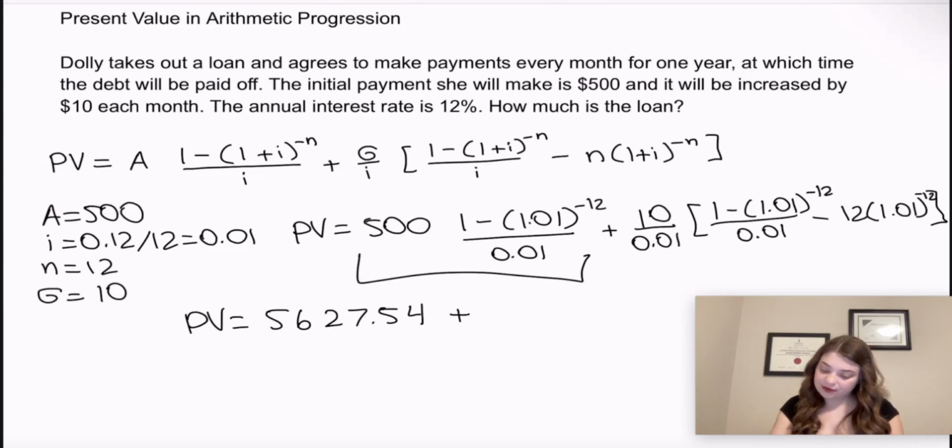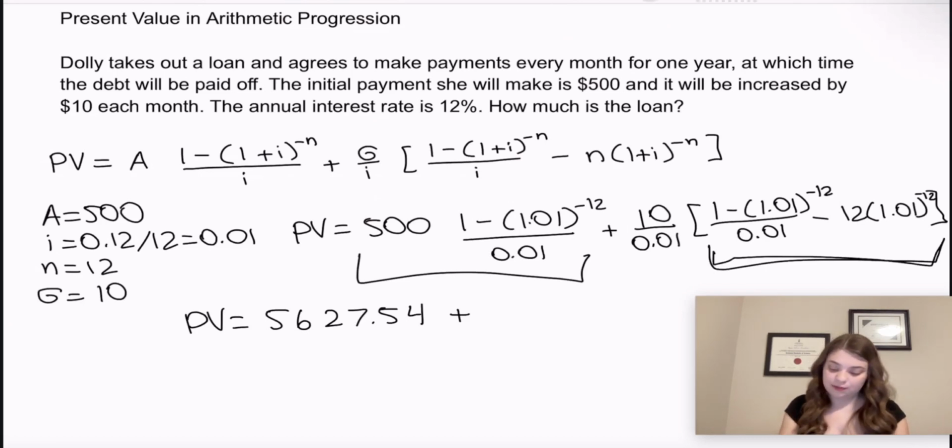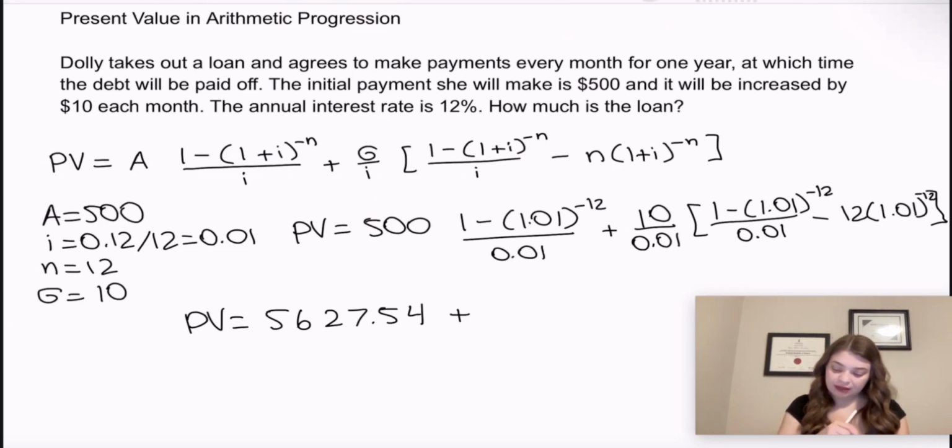Okay, then I'm going to add the next part here. First I'm going to figure out what's in these brackets, and then I'm going to multiply it by 10 and divide by 0.01 at the very end. So let's do 1.01 to the power of negative 12 equals, 1 minus that number equals, divide by 0.01 equals, and then minus, actually, you know what? Just to be safe here, let's figure out both those numbers individually and then solve it overall.